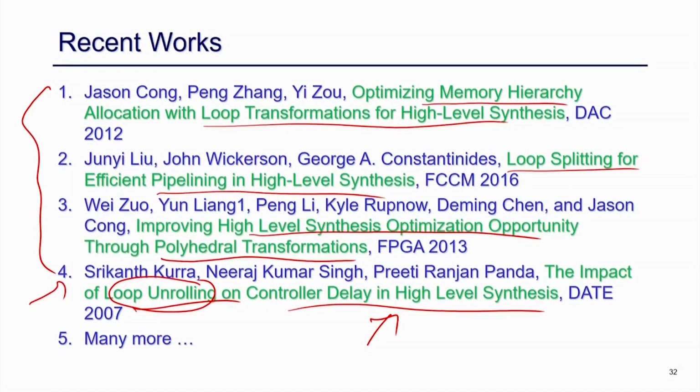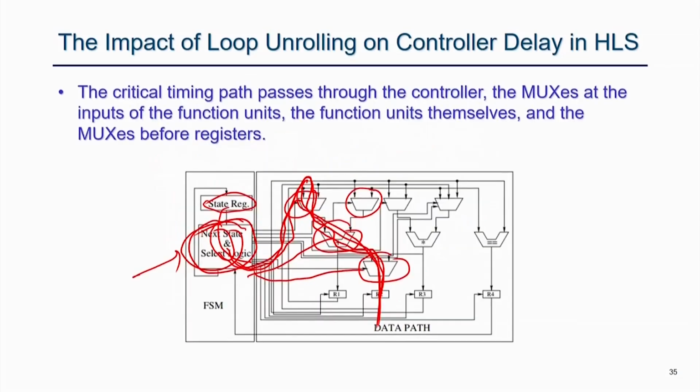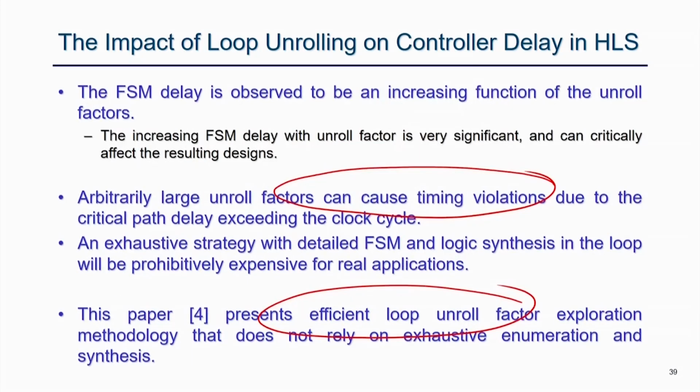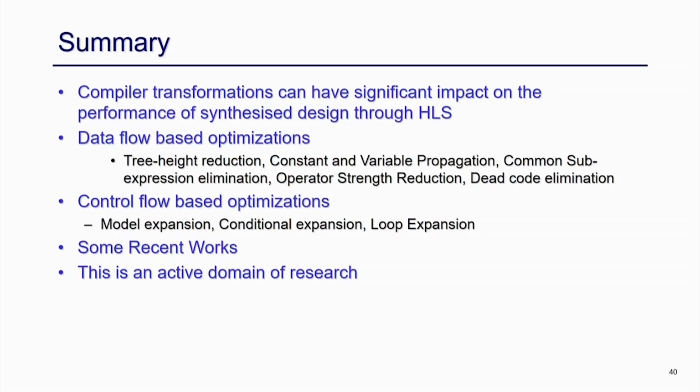For example, this work focuses on memory hierarchy, that is, how to improve the memory hierarchy using loop transformation. So, those are the kind of techniques that can be utilized to improve the performance of your design. So, this is another area of research.